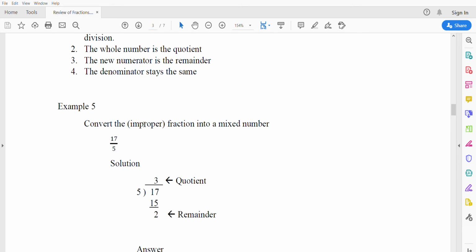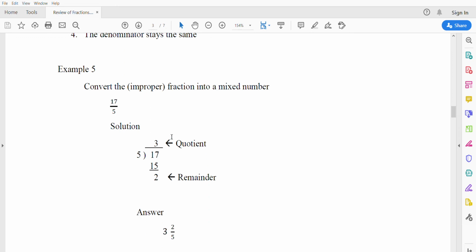So converting this improper fraction into a mixed number. So I've got 17 over 5. So setting up my long division, I've got 5 that I'm dividing into 17. Well, 5 can divide into 17 3 times. 3 times 5 gives me a 15, and then when I subtract, that gives me a 2.